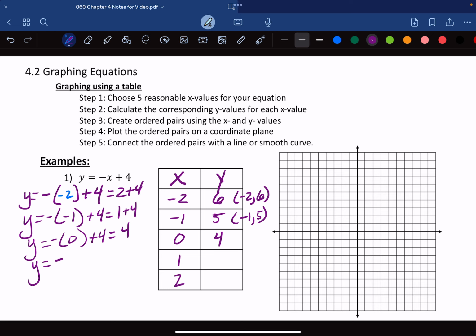So it's negative X, or negative the 1, plus 4, which is 3. And then X is 2, which is 2. And so now I have all of my points, all of my ordered pairs.